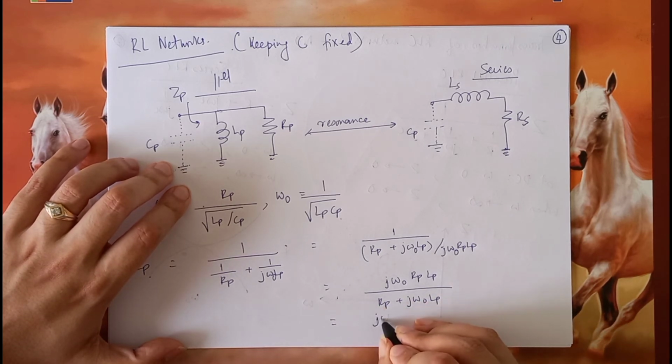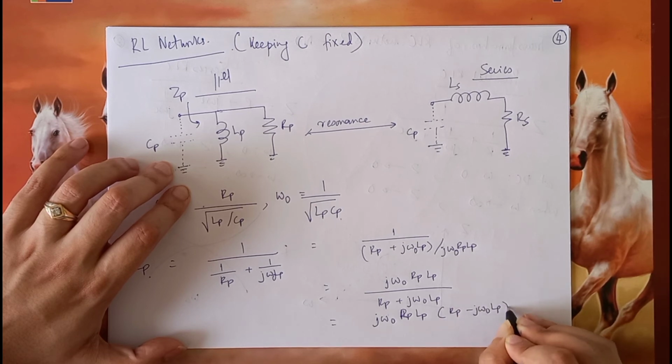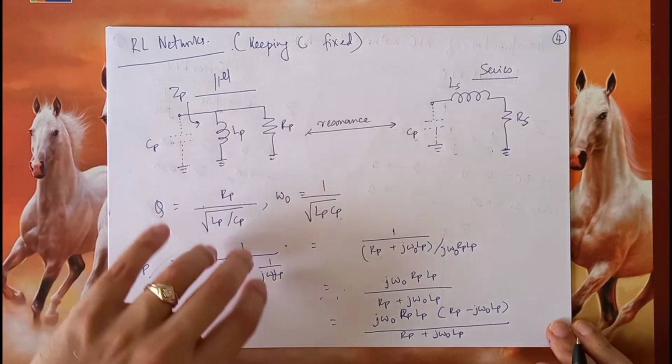If we rationalize, the numerator will become this times RP minus j omega 0 LP divided by RP plus j omega 0 LP.